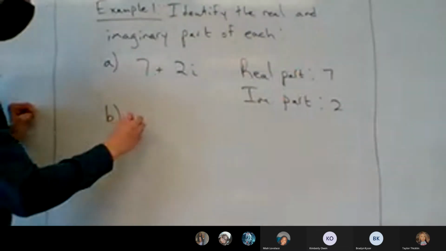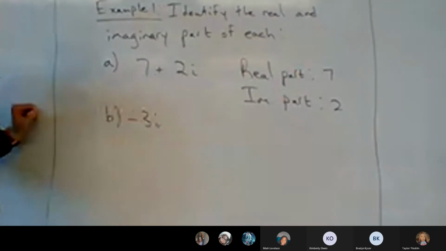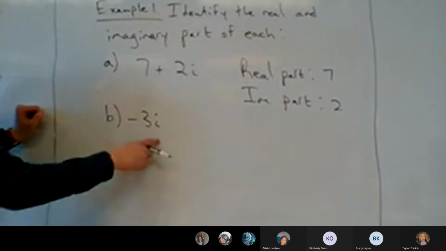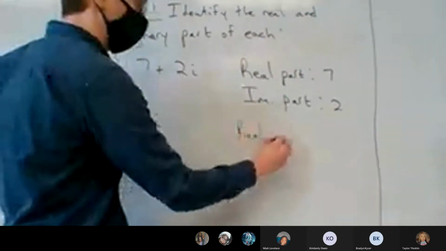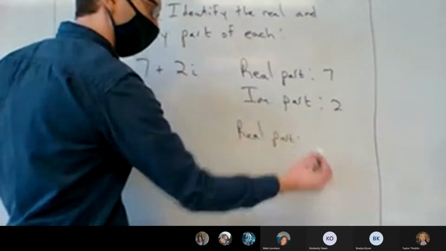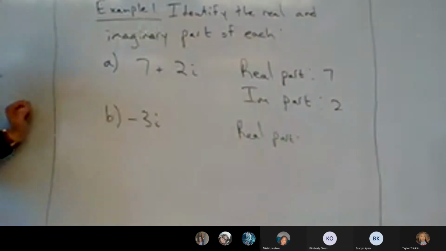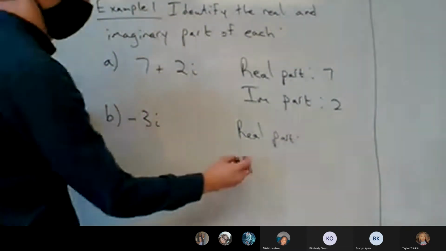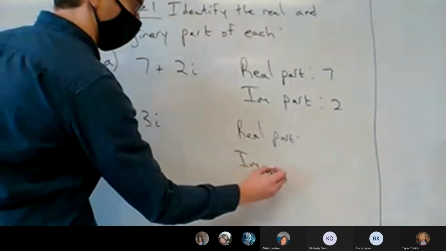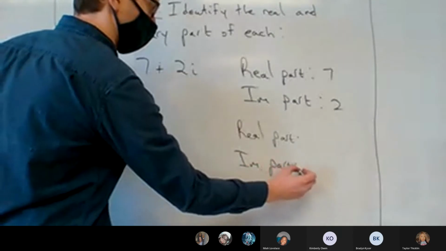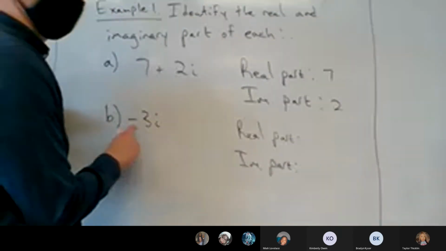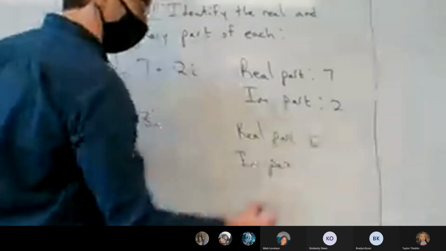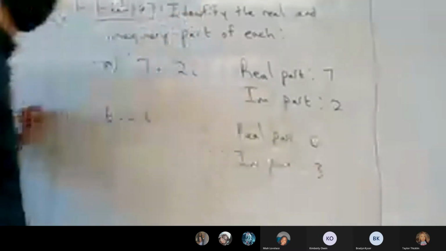What if I just wrote negative 3i? The real part, any guesses what the real part would be? The real part, since it is not written, would be 0, and the imaginary part would be negative 3.